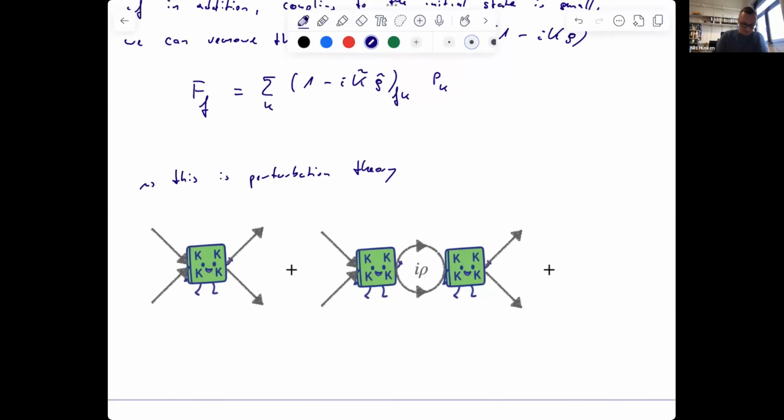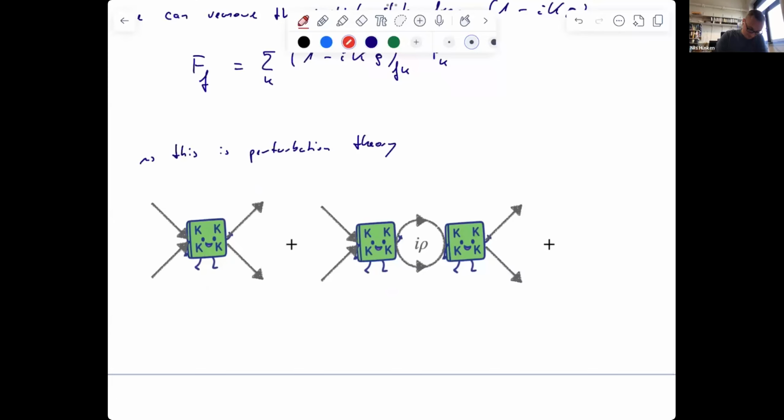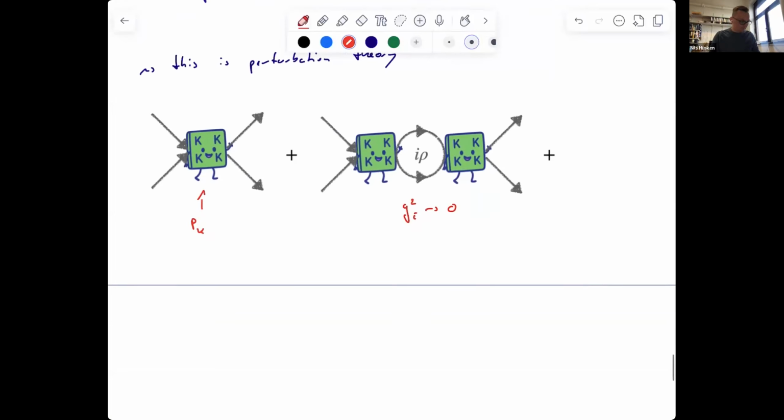Right, because of this element of K here on the left-hand side, this becomes just PK instead of being an element, because we always keep the initial state the same. And now we've removed the initial state in this rescattering loop. And so what we've done is we have removed terms that would be quadratic in the initial state coupling. So if that initial state is small, we say that that goes to 0. And we've removed essentially these terms. So that's the only additional assumption that goes into this p-vector formalism.